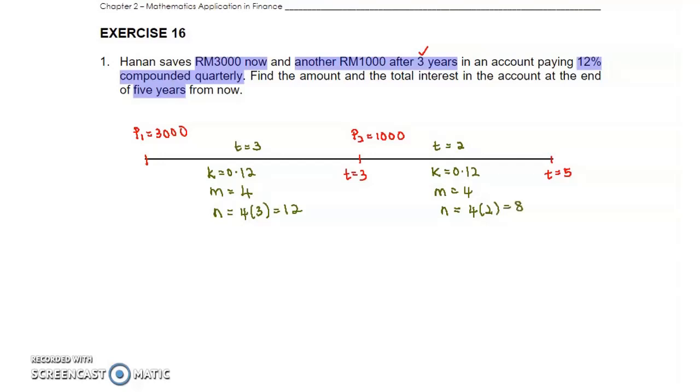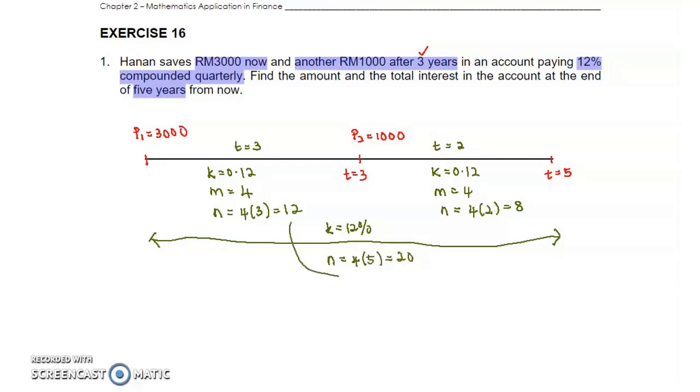Since we have one rate, within 5 years is 12%. So how many times we calculate the interest? M times T. M equal to 4 times T equal to 5, 20 times. Okay, or you can calculate here 12 plus 8, also equal to 20. Because now we have one rate only.